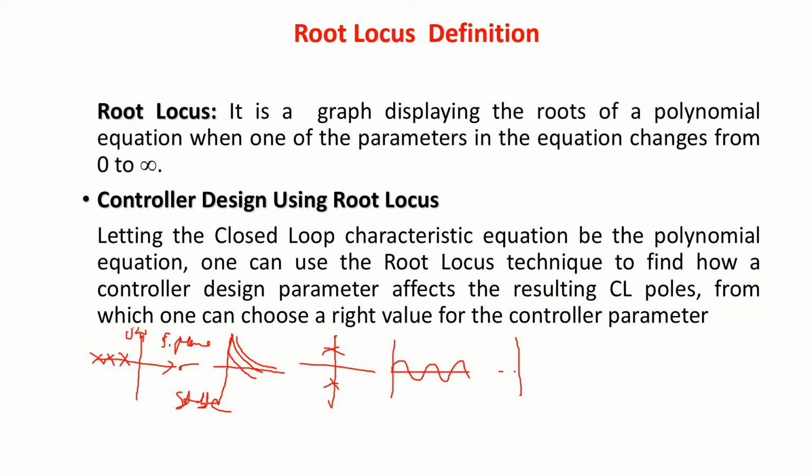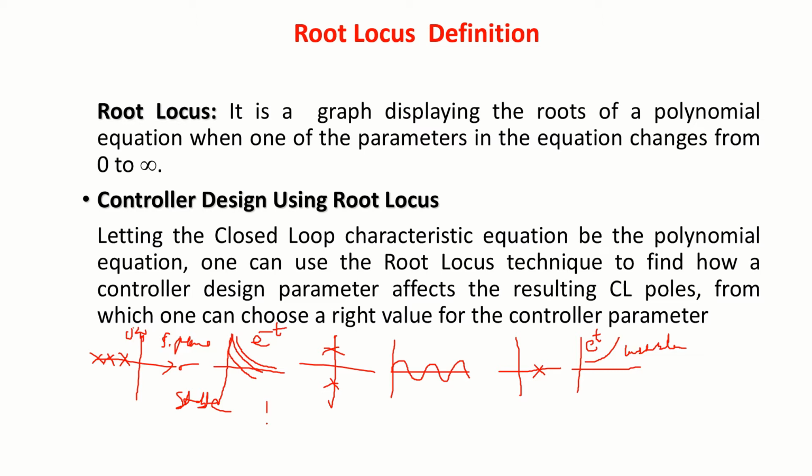Suppose if you have a root on the right hand side, the response will be exponentially building up, and you have called it as unstable, right? Because the solution for this will be y is equal to something like e to the power of minus t, and solution for this will be e to the power of plus t.